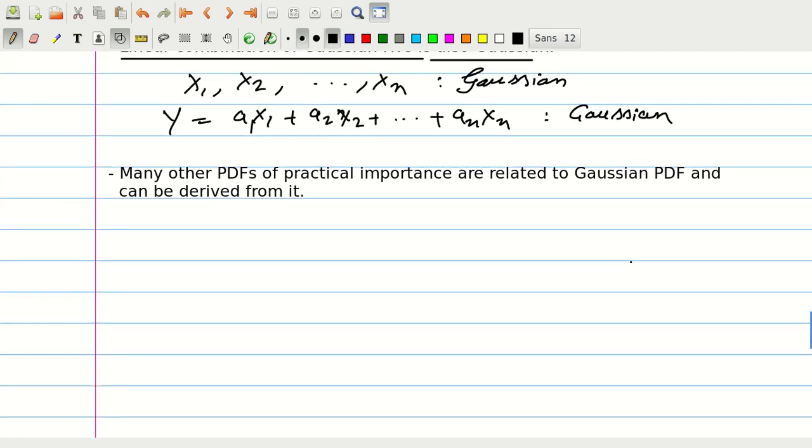Another very important feature of a Gaussian random variable is that many other PDFs of practical importance are related to the Gaussian PDF and can be derived from it.